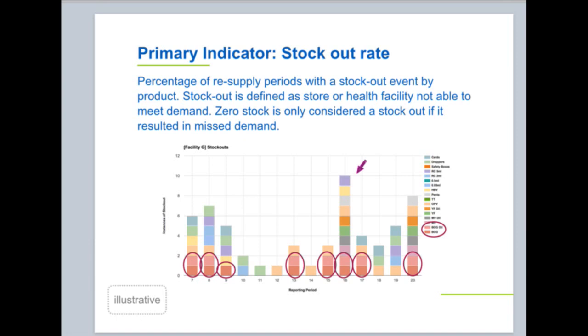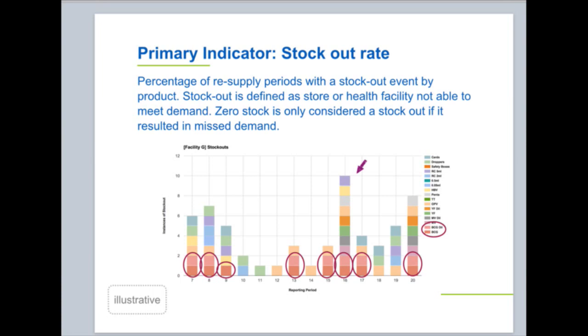Also, what can come clearly from this facility level graph is that the BCG and the BCG diluents are constantly, very often on stockout. So why is it? A facility manager who gets this data, what can they understand? What can they derive from it? What happened on that week 16, on reporting period 16, and what is happening with the BCG and the BCG diluents?